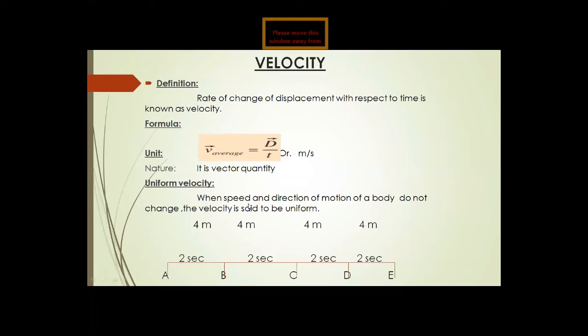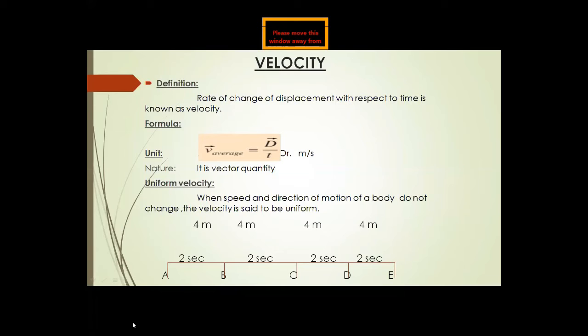After that, we have learned uniform speed previously. So here velocity also has uniform velocity. So we can say that when the speed and direction of motion of a body do not change, the velocity is said to be uniform.